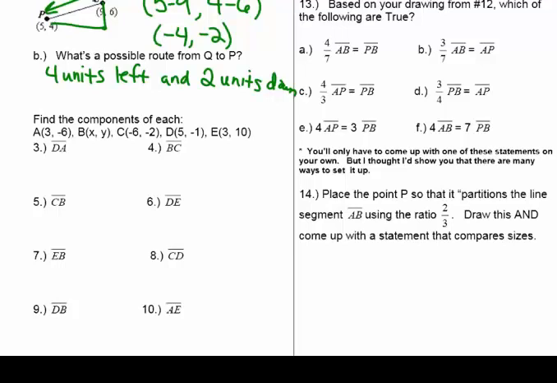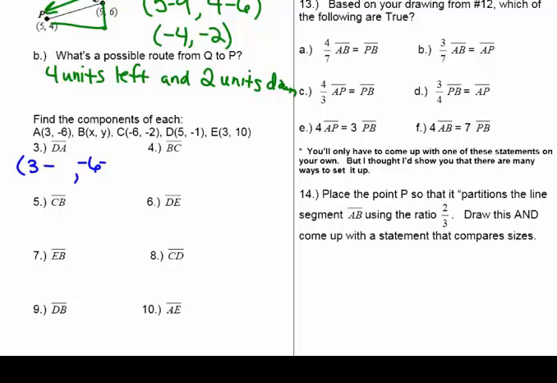And if you want to draw this on a piece of graph paper, that's totally fine. So for number 3, we're going from D to A. Okay, and so we are using D and A, and so we are going to start with our values from A, and so we have 3 minus something, and then we have -6 minus something.